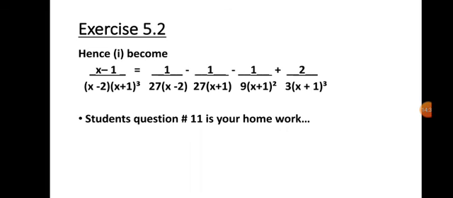That's why I put minus 1 over 9 into (x plus 1) whole square. Last but not the least, the value of d is 2 over 3. So we put 2 in the numerator and 3 in the denominator along with (x plus 1) whole cube, and that is the answer of the given question.